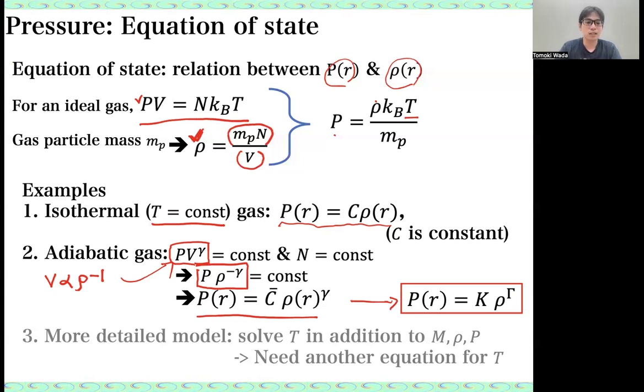In this case, we have four variables: mass, density, pressure, and temperature. And we have four equations: mass conservation, force balance, equation of state, and radiation transfer. Four variables and four equations, so we can solve that combination. But in this movie, we would like to consider the most simplified model and just use this equation of state.